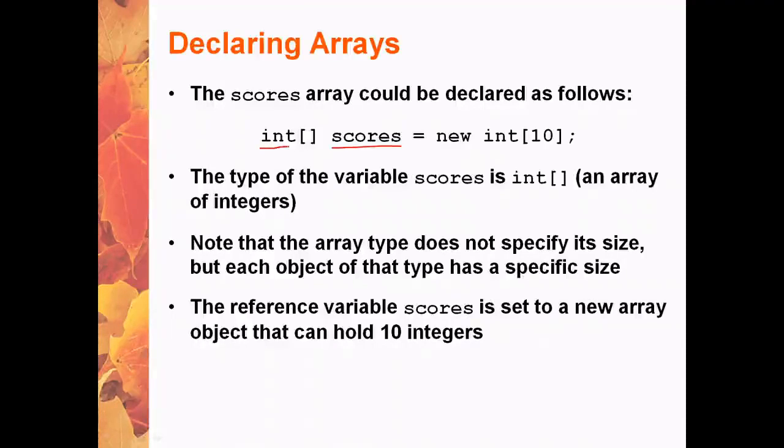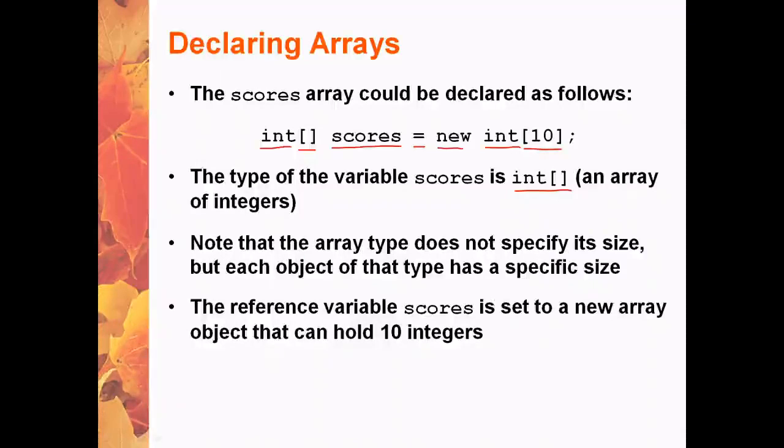This is the data type, array brackets, the array name, then equals to the new keyword, again the type, and inside the array brackets we have the size of our array. That means we have created an array with the name scores with 10 elements. So at max we can store 10 elements in this scores array. Now the type of variable scores is int, an array of type integer.